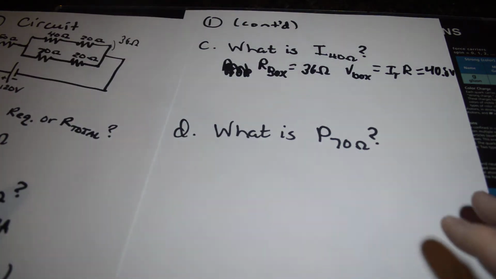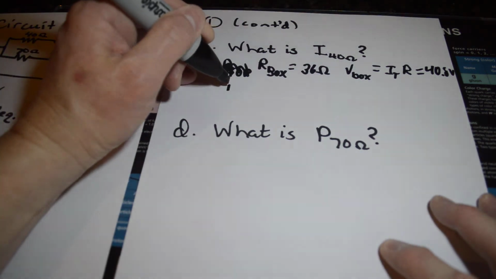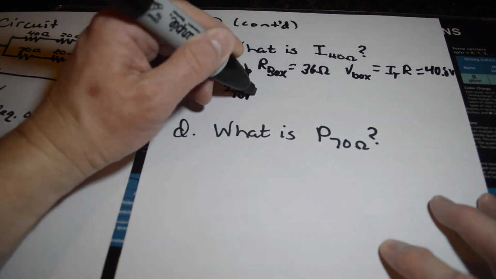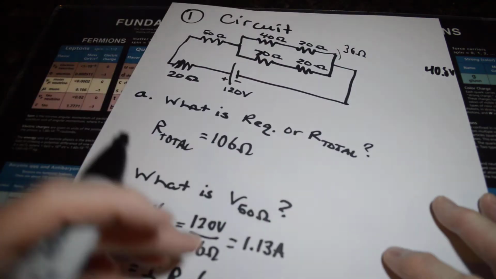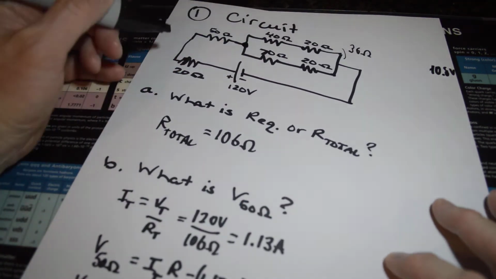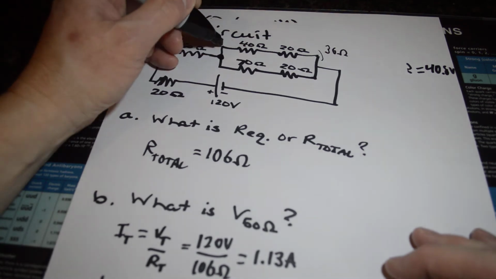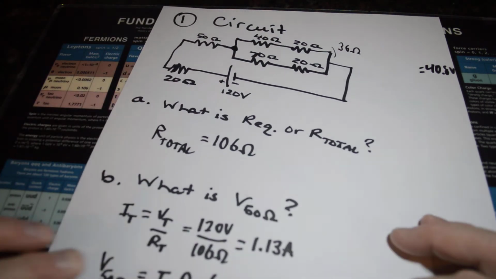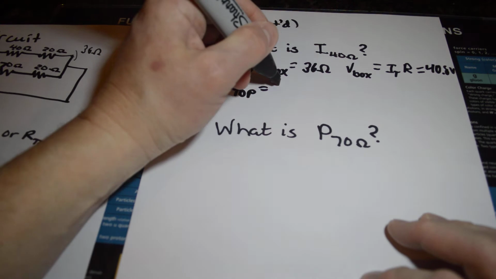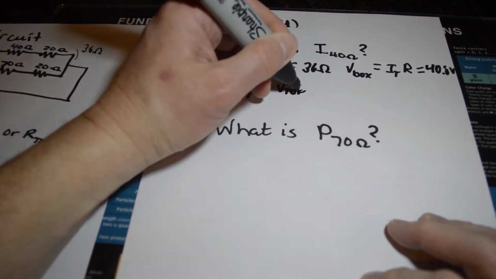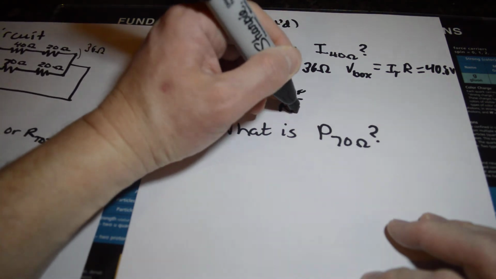Okay. If you want to know the current on the top part of that branch, because you know it comes in and say that's a junction right there, part goes to the top, part goes to the bottom. The part on the top would just be the voltage on the top divided by the resistance of the top.